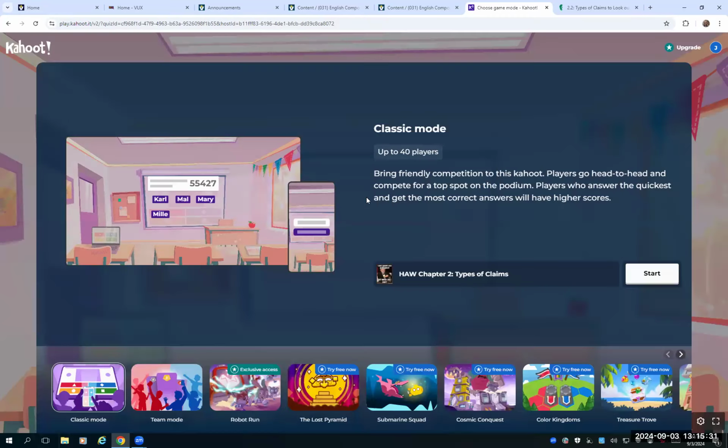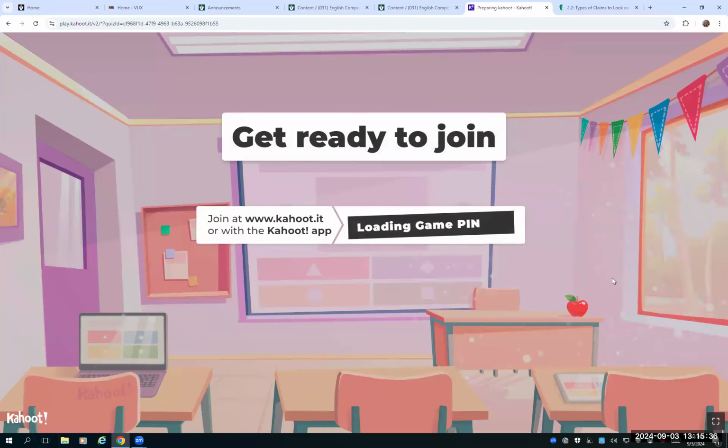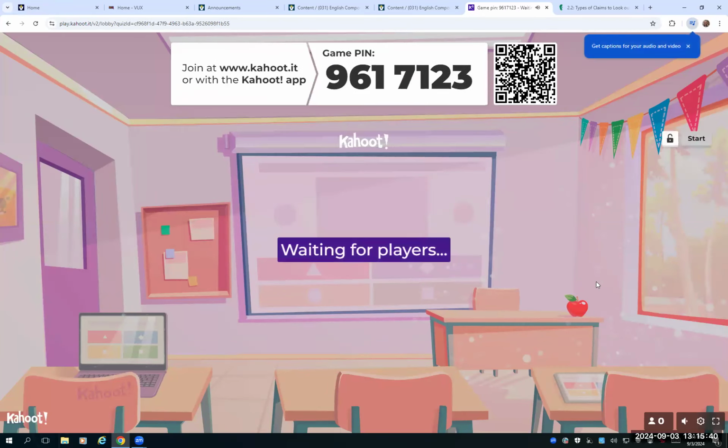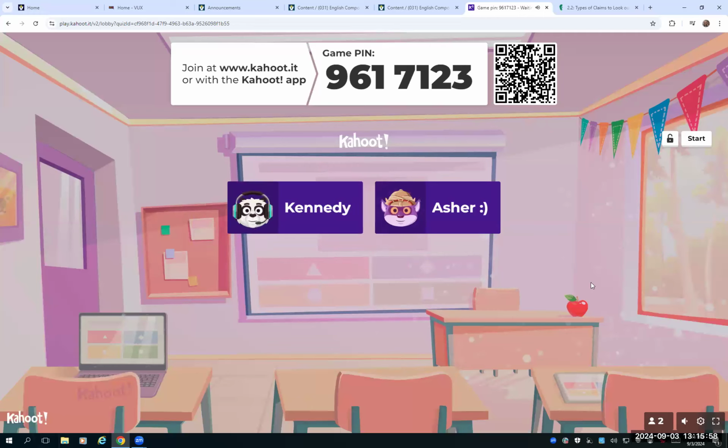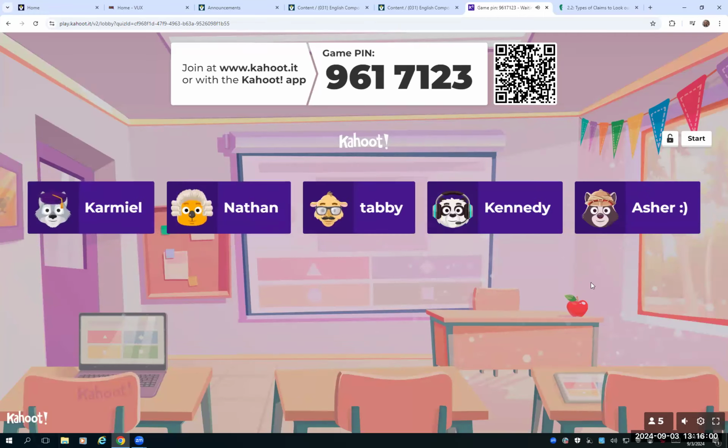So on your device, whatever device you're on, we are going to play a quick game in here. If you don't look this up on your computer, you can also use your phone. You can scan the QR code and play on your phone. But we're going to play a game to test our ability to identify claims as either a claim of policy, a claim of fact, or a claim of value.